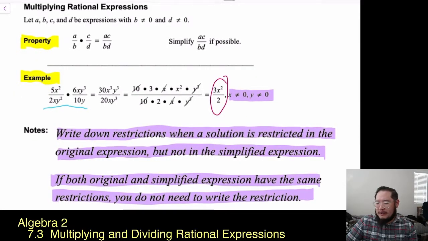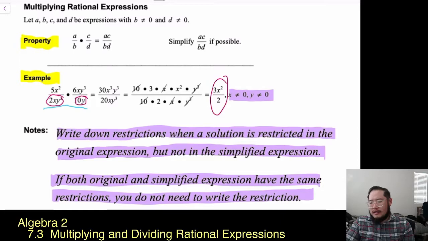So what does that mean? If we take a look at the original expression, I've got x and y. Remember, in the very beginning I told you that I cannot have those variables equal to 0, because then it's undefined.